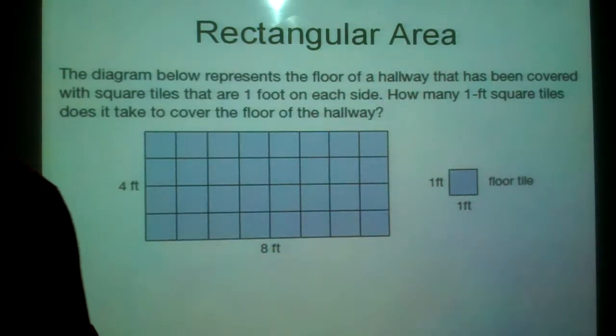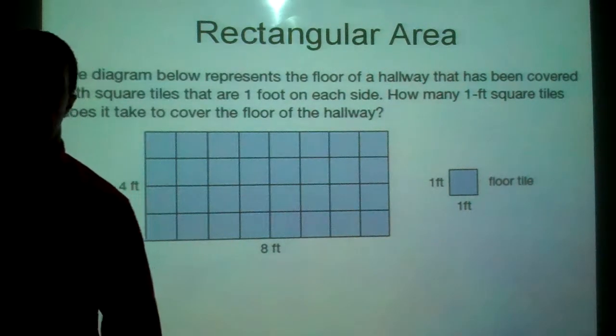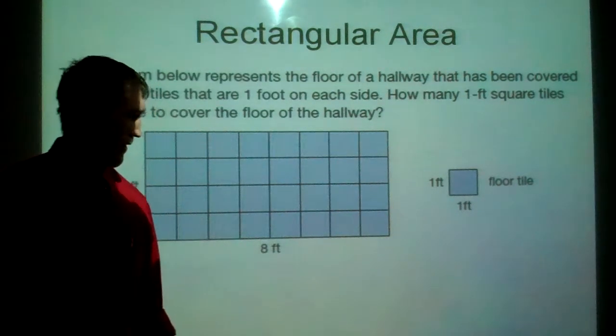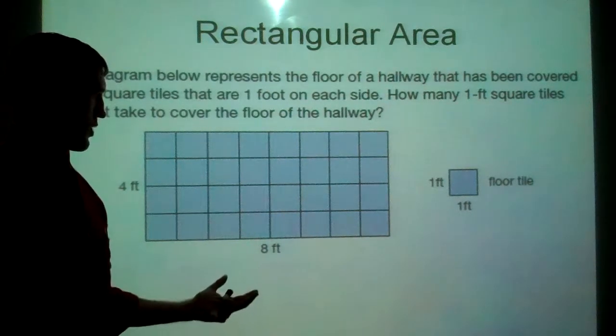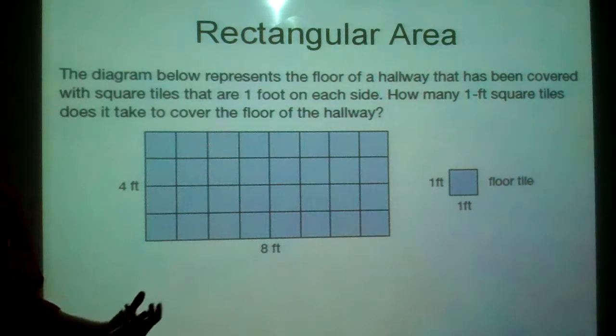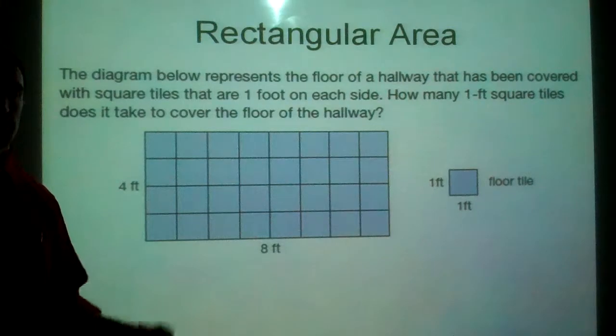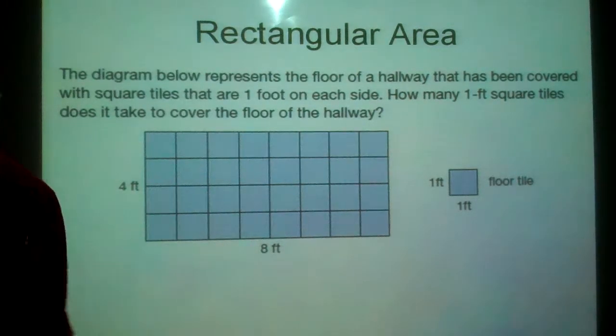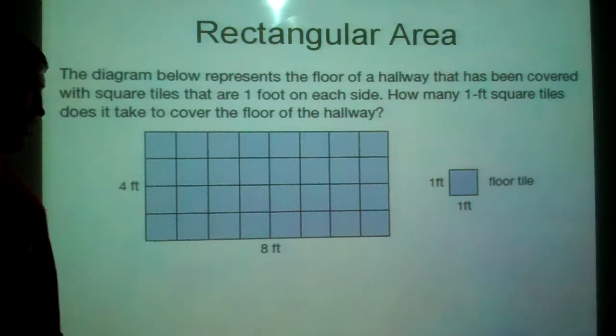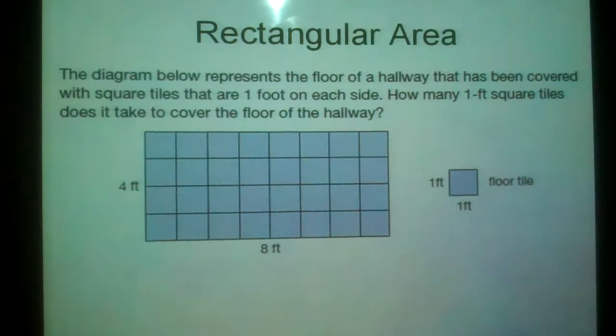Alright, so the reason they're introducing rectangular area here is that once we start multiplying units, the units actually change exponents. And I'll talk about that in a second. Basically, when we're looking at area, we're trying to figure out the inside. How much is inside?